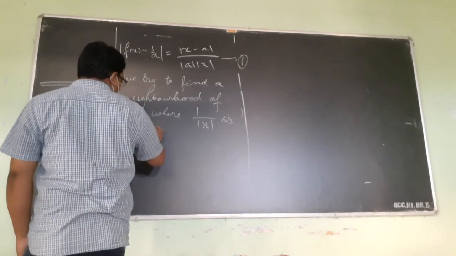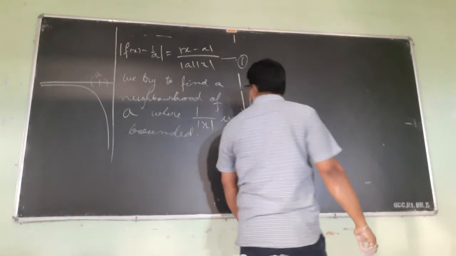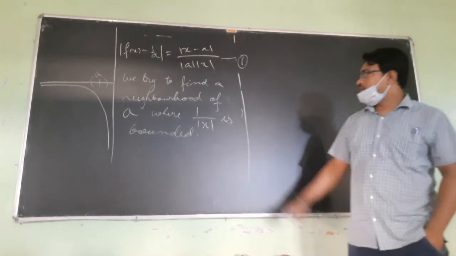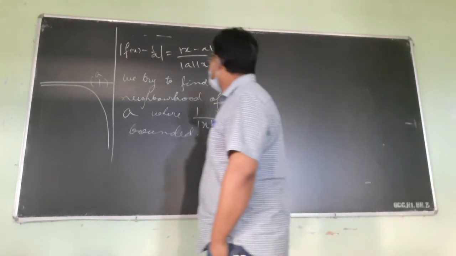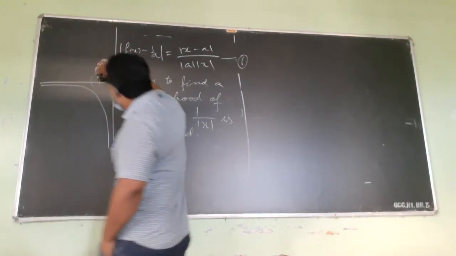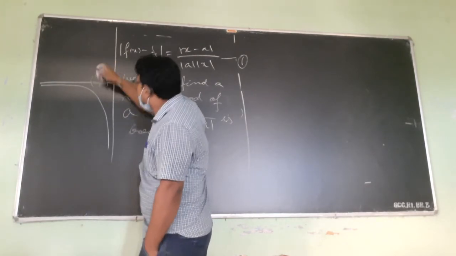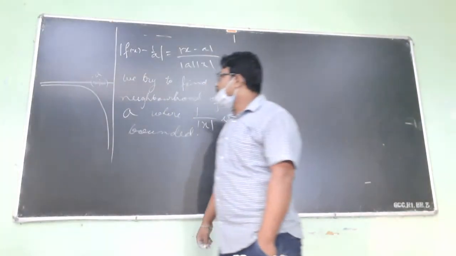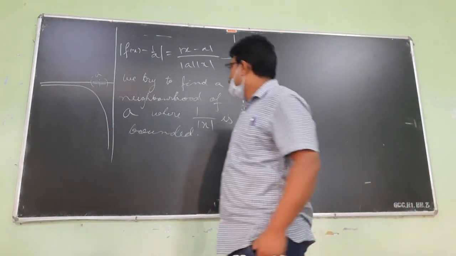Our intention is this: we try to find a neighborhood of a where 1 by mod x is bounded. If I restrict x between these two edges, then it becomes bounded. So we restrict it inside this particular domain.